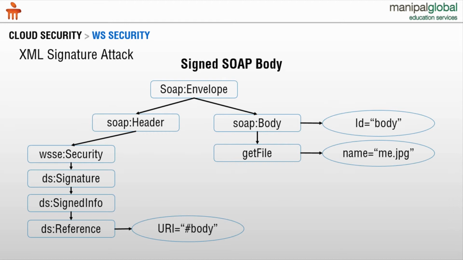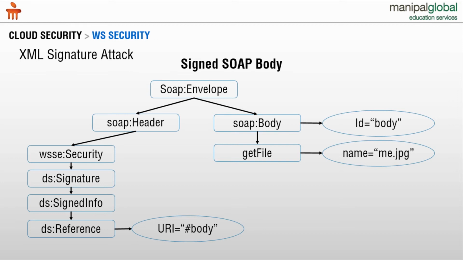On the right hand side, the SOAP body consists of an identifier called body, and this has a specific element called get file, which is named me.jpg. Now, this structure shows that there is a file called me.jpg which needs to be brought in.